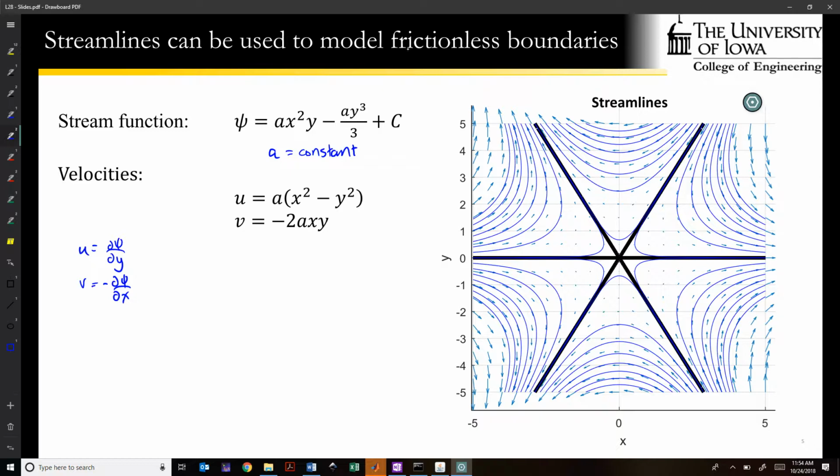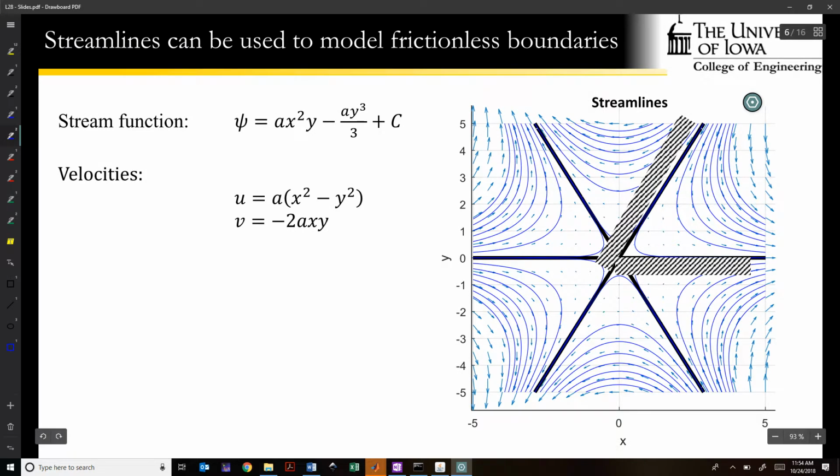Let's say I was interested in modeling the flow through an internal corner. That sort of 60-degree corner up at the top. If I proposed this stream function and I really just looked at that sextant of the flow up there in the upper right, then what I have is a really simple analytical model that approximates the way that flow moves into and through and recirculates through an internal corner.